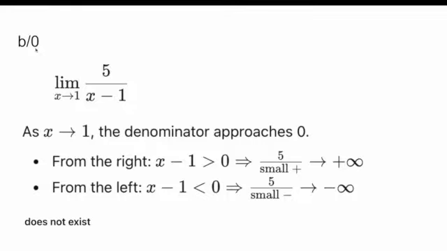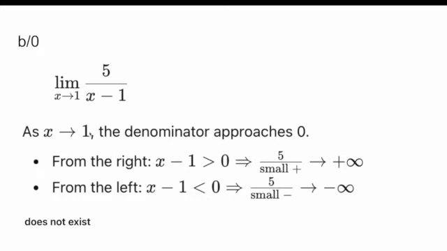The first is called a b over 0 limit, where b is a real number and the bottom is 0. It's not actually 0, it's a very small number, positive or negative. For instance, take the limit as x approaches 1 of 5 over x minus 1. As x gets closer and closer to 1, the denominator gets closer and closer to 0.